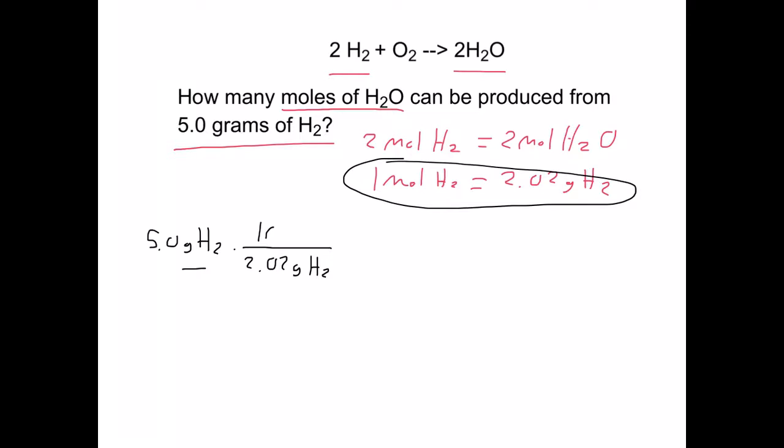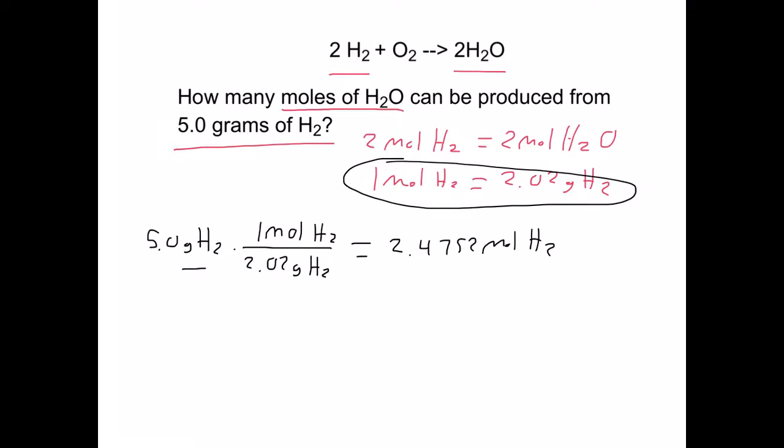On the top will be the other part of our equivalence here, 1 mole of H2. So if we go through and do the math for that, 5 divided by 2.02 gives you 2.4752 moles of H2. I didn't round off significant figures at this point because I will only do that once I get to the very end of my problem.